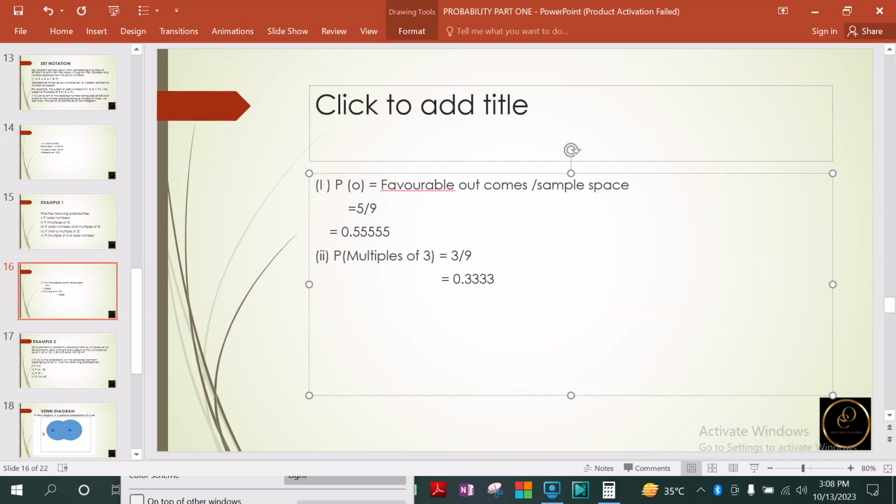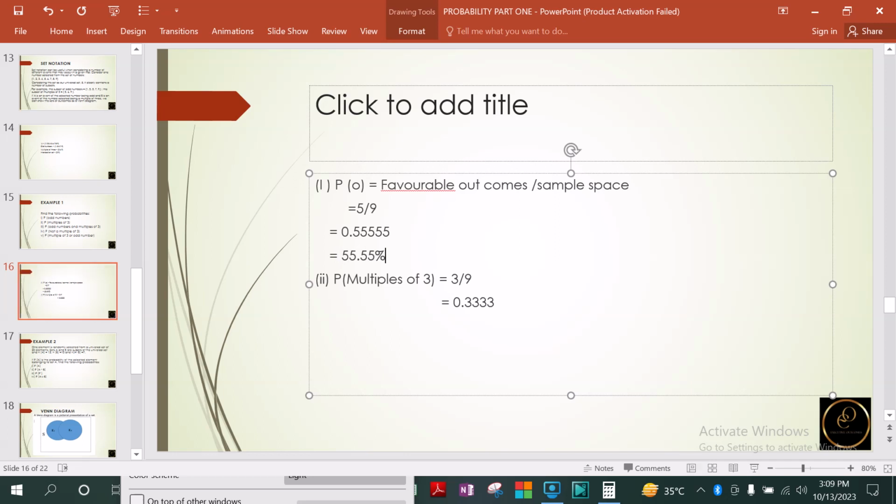So the probability can be stated as a decimal, like 0.555, or as a fraction, like 5/9 or 3/9. It can also be stated as a percentage. If you want to express this as a percentage, you multiply it by 100, then it will be 55.55%.